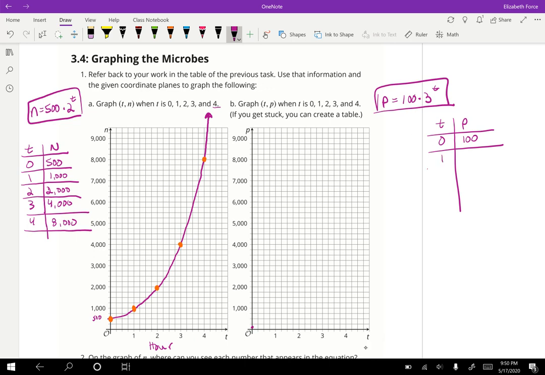At hour 1, we are tripling. So we're going to multiply it by 3. So from here to here times 3, you're going to get 300. So if this one is 250, 300 is just above it. In hour 2, we're going to triple that amount, so that's going to be 900. There's 1,000. I'm sure 900 is just going to be slightly lower than that.